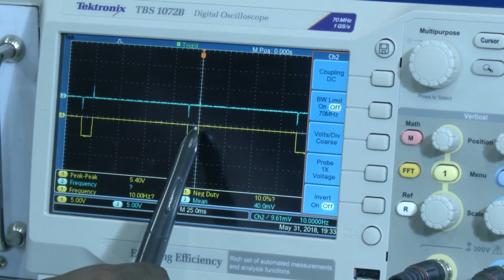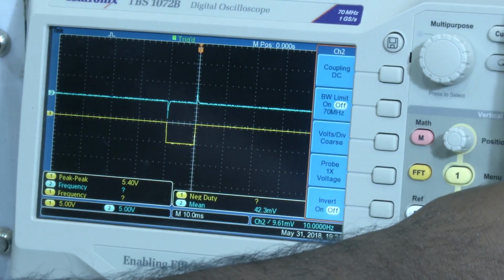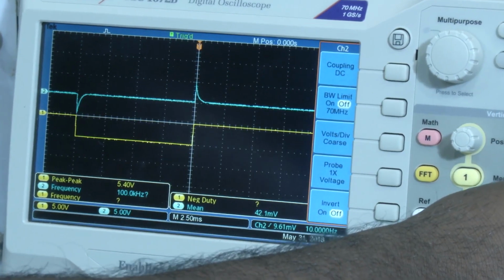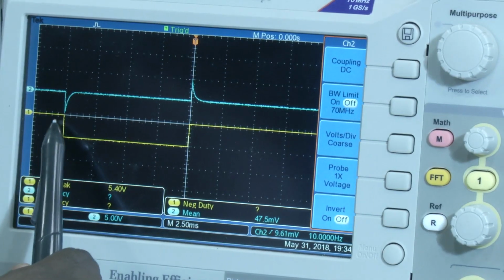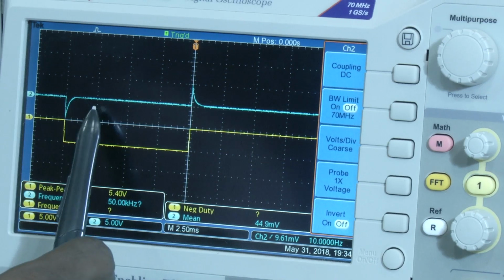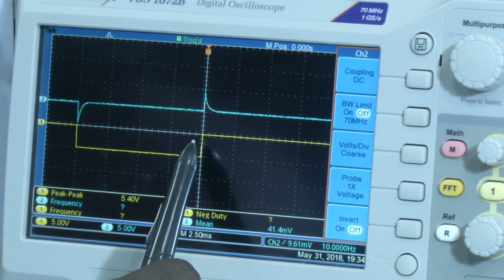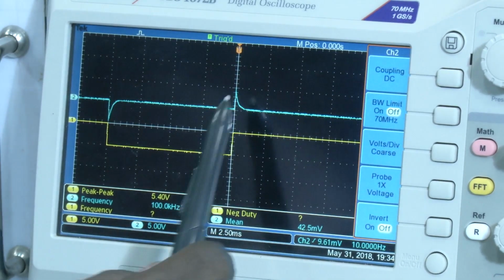Since this signal is passing through a differentiator, we are getting spikes. When I zoom in a little more, whenever there is a change from 0 to 5 or 5 to 0, we can see the spike. Because of the negative changeover, you get a negative spike. Because of the negative to 0 change, we are getting a positive spike here.